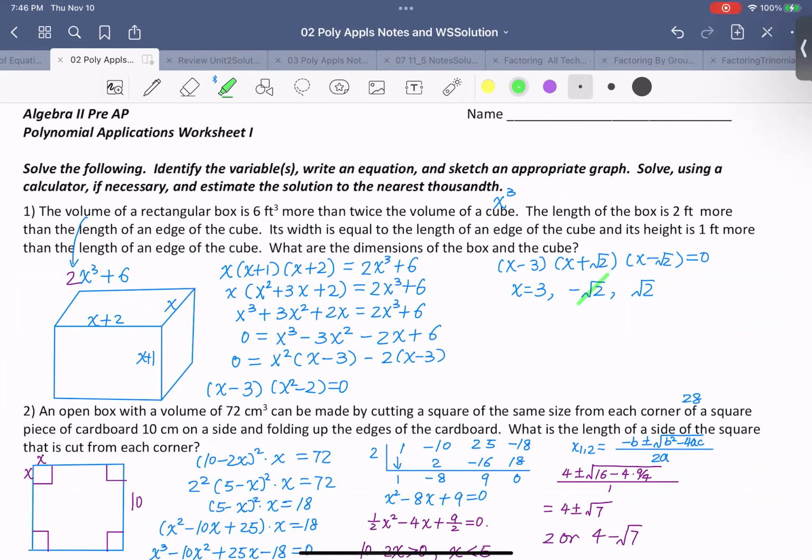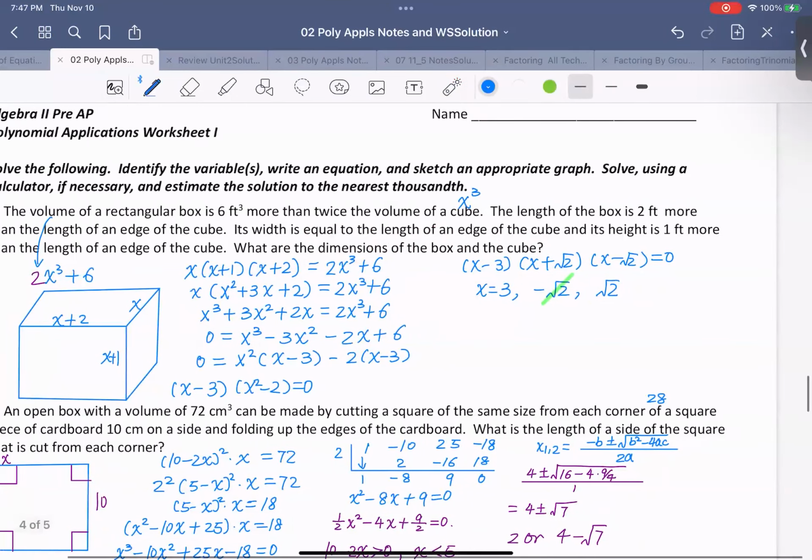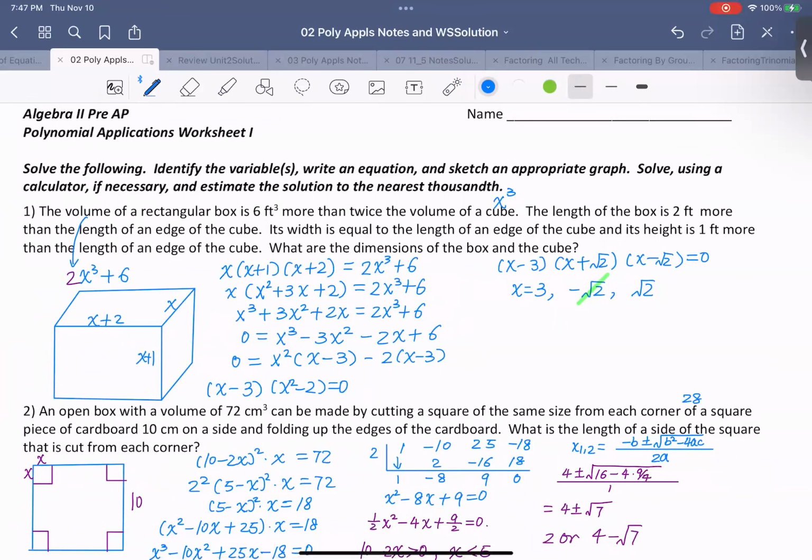So you have the 3 dimensions, and they ask you dimensions of the box and the cube. Listen, students, when they get this step, they think they finish, or some people even didn't cross out this. When you come to here, you will not get the complete points. You need to do one more step. For the box, you have 3, and then 3 plus 1 is 4, 3 plus 2 is 5. And for the cube, it's 3, 3, 3.